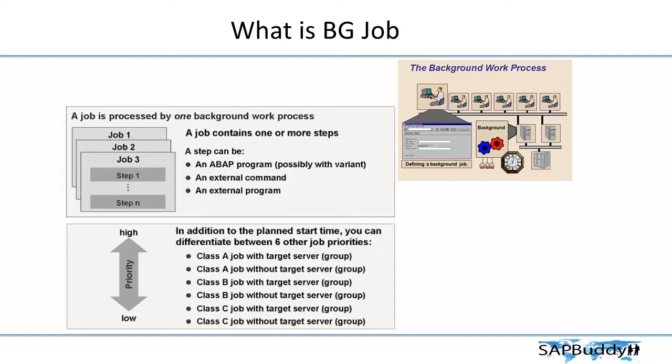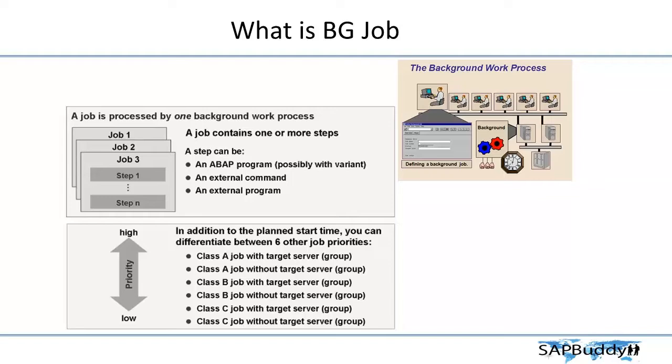So meaning to say, using this background job, you can execute an ABAP program, external command, and external programs. Then we have priority: how these jobs should be executed. As we have seen, the number of background work processes we have in the SAP system is quite limited.